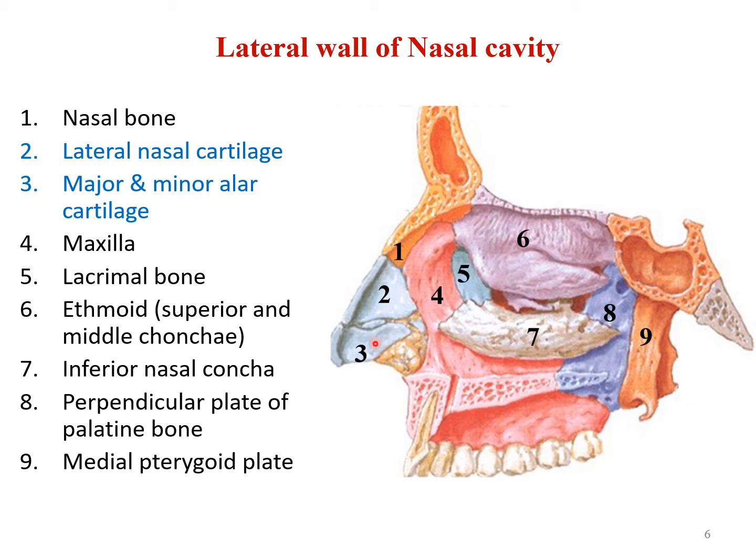Then in the ala, we have the major and 2 to 3 minor alar cartilages. The bones from before backwards are nasal, maxilla, lacrimal, ethmoid and inferior nasal concha, perpendicular plate of palatine bone, and the medial pterygoid plate of sphenoid bone.